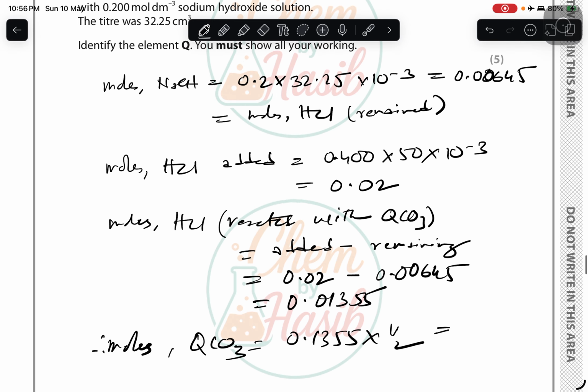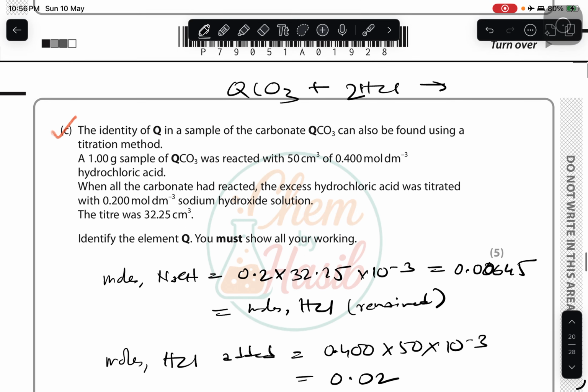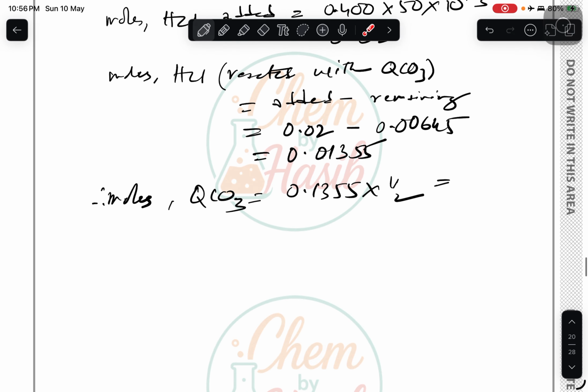So whatever is the moles of HCl that reacted, the moles of QCO3 will be half that of the HCl reacted. So 0.01355 divided by 2 will give you 0.006775.